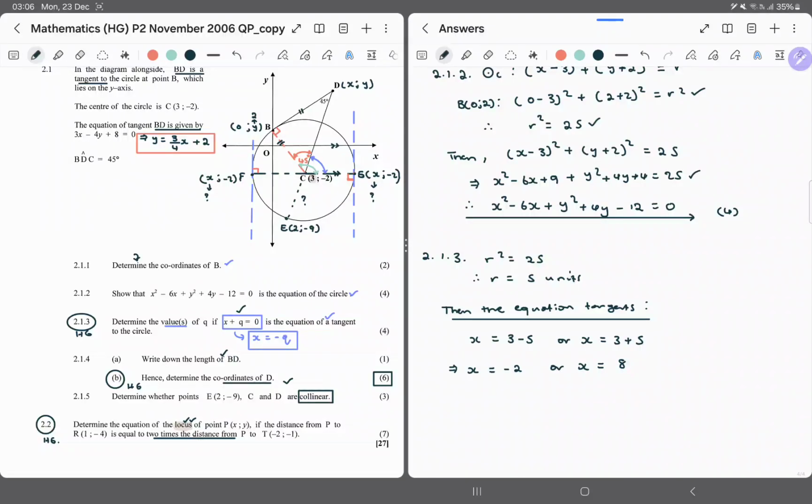But remember, this was written in that format, which also implies that x plus 2 is equal to 0, or x minus 8 is equal to 0. Now we need to answer the question. Therefore, q is going to be 2, or q is going to be minus 8.